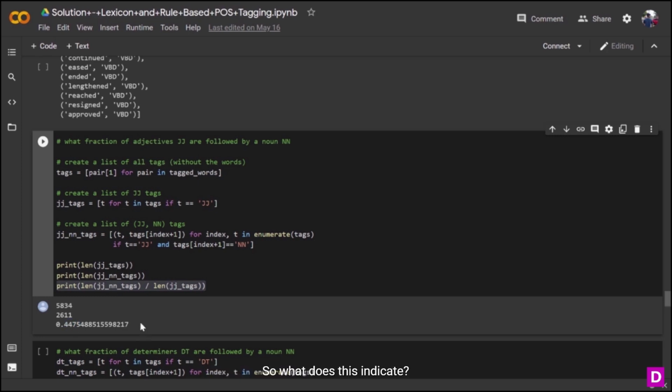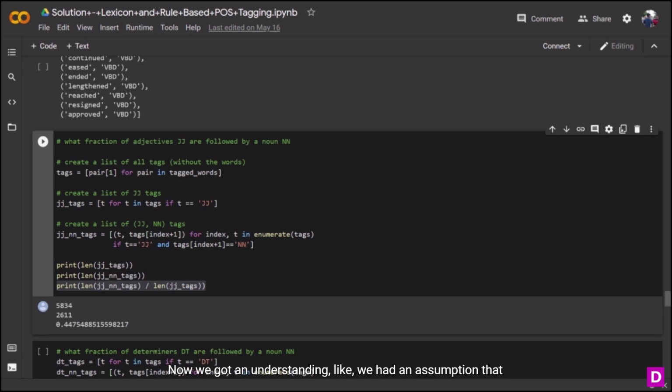So what does this indicate? We have to understand this here, right? In a given text corpus, there is a 44% chance that a noun will be preceded by an adjective, right? Now we have an understanding.